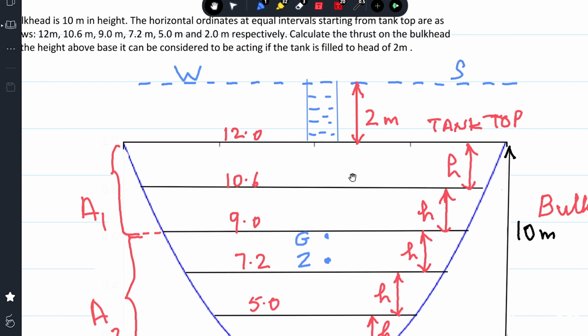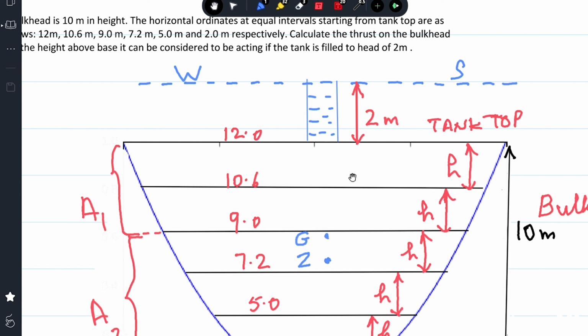It's minimum on the top of the bulkhead, and it will be maximum at the bottom. So as we go deeper and deeper, depth is increasing, the pressure is also linearly increasing. So definitely it cannot be the geometric center or centroid of the bulkhead. It has to be below the geometric center towards the bottom of the bulkhead, because it's increasing as we are going downward.